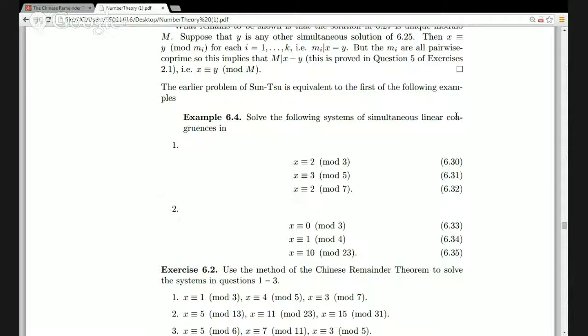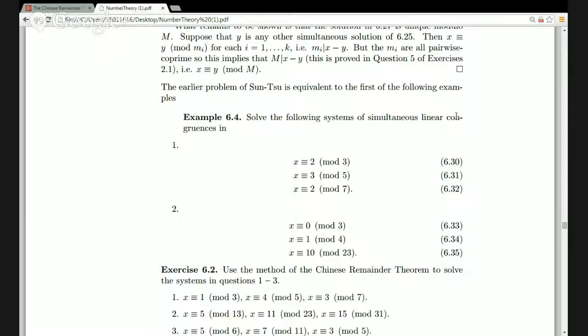The moduli 3, 5, and 7 are very definitely pairwise coprime. So the Chinese remainder theorem says that there's a unique congruence class modulo the product of these, which is 3 times 35, 105. There's a unique congruence class modulo 105 which will be congruent to 2 mod 3, 3 mod 5, and 2 mod 7.